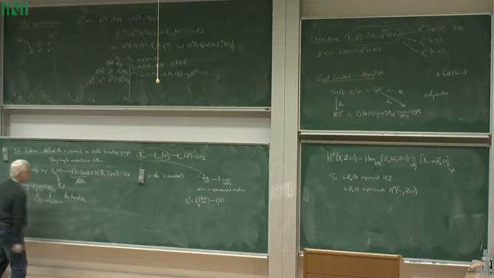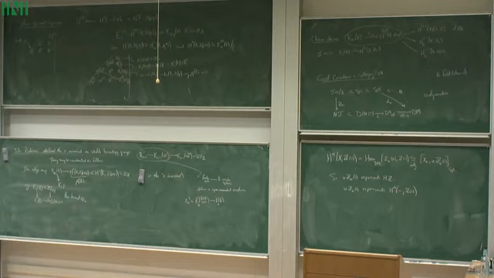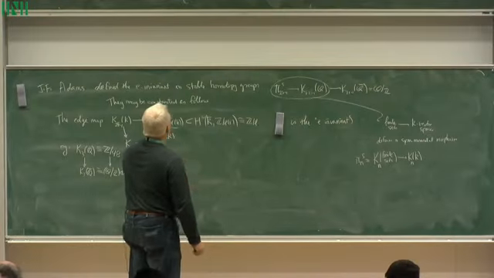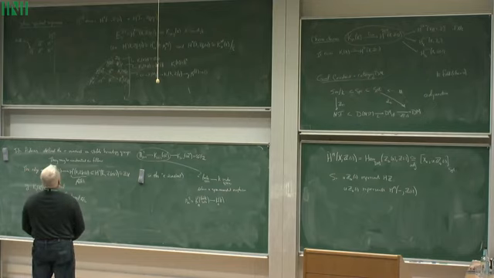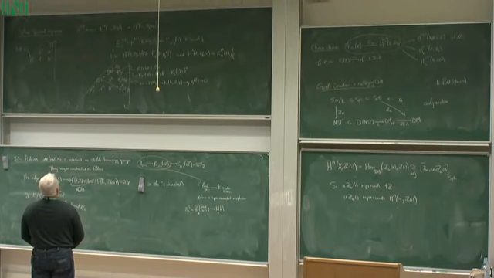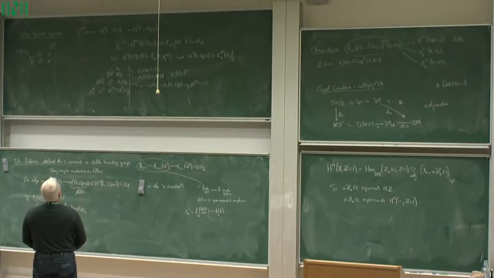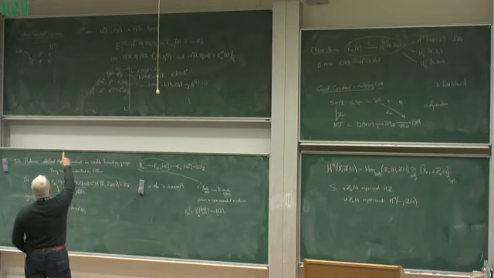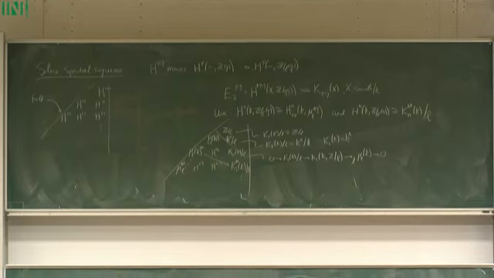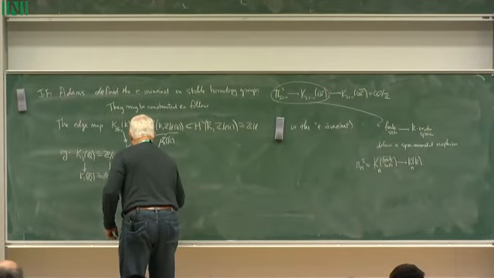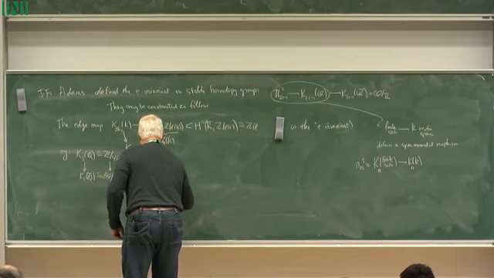The kernel is Z mod 2. So let's see, I can explain that. If I take that green arrow, the source of that green arrow is the K3 Milnor of Q, which is isomorphic to Z mod 2.